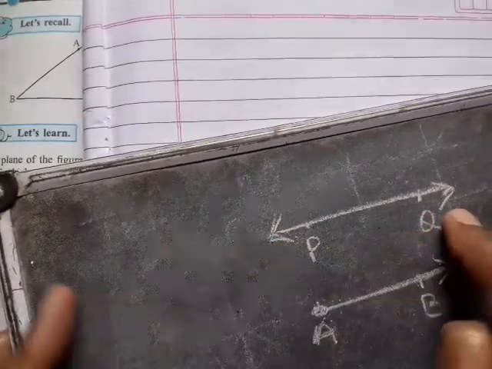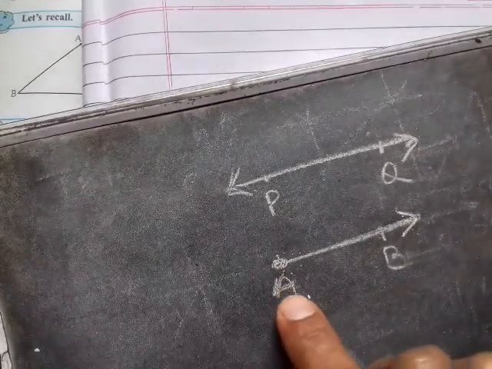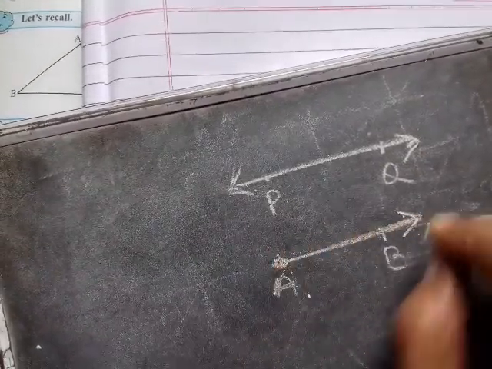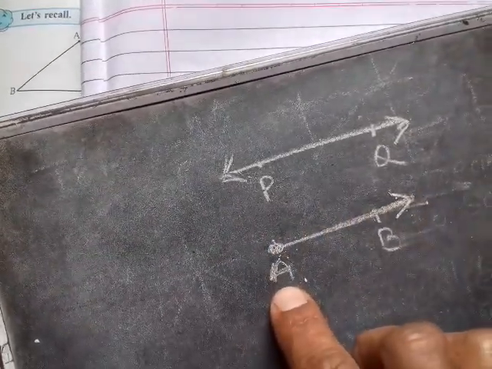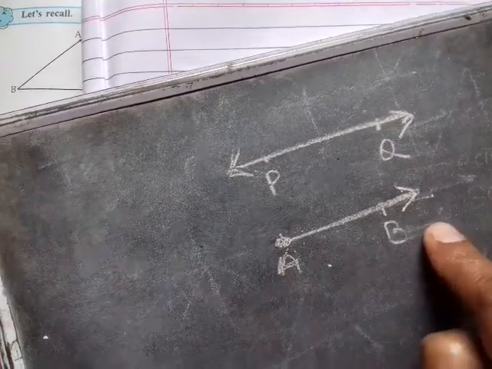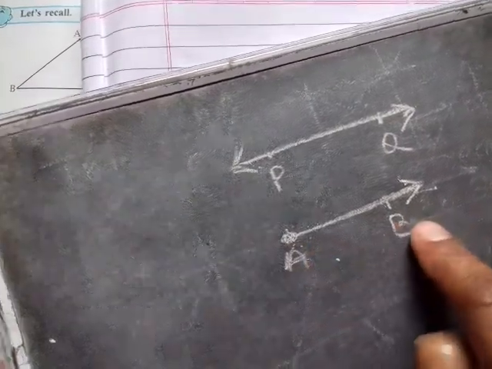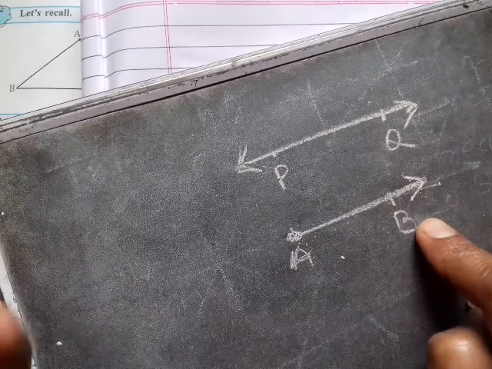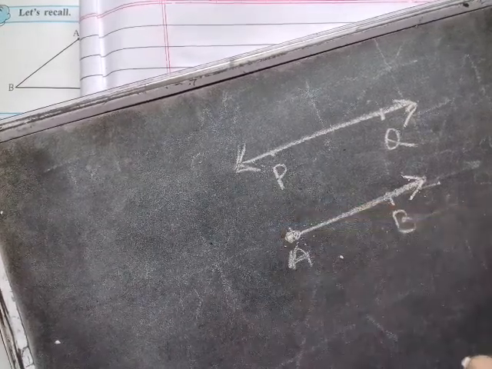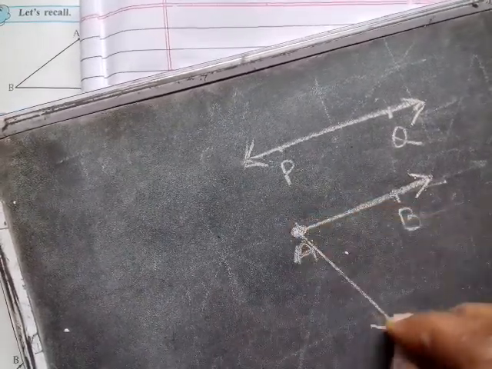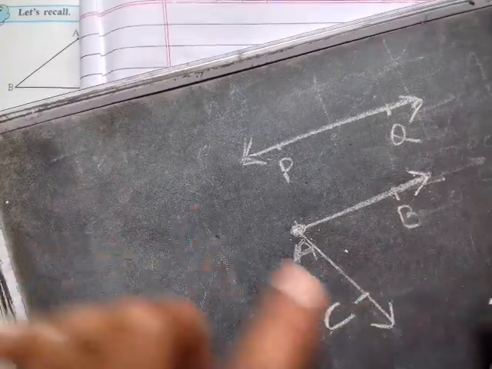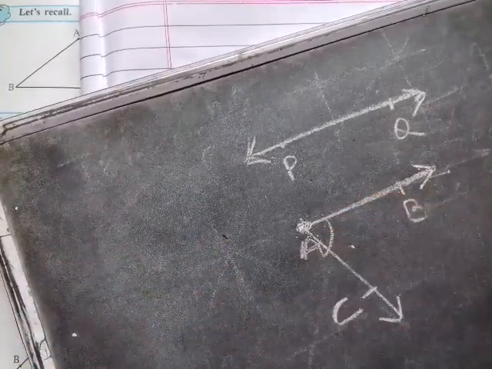But for a ray, the dot from where it starts is called the origin of the ray, and it is extending one side. If two rays have a common origin, then we get an angle. These are called angles.